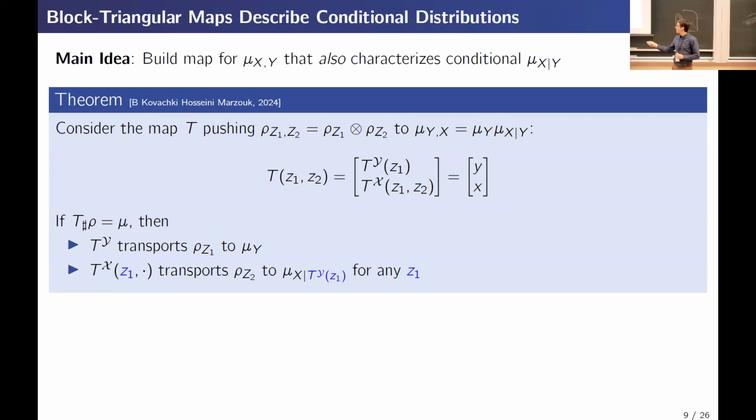And so in practice, you need this invertibility of the first component in order to condition on a particular y.